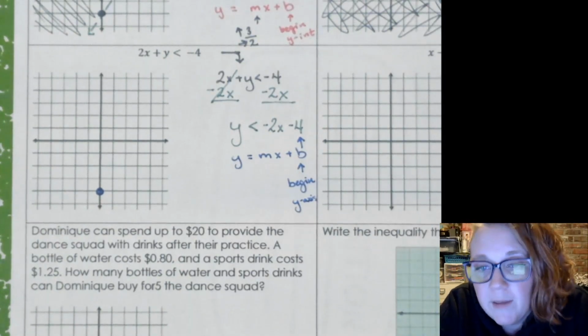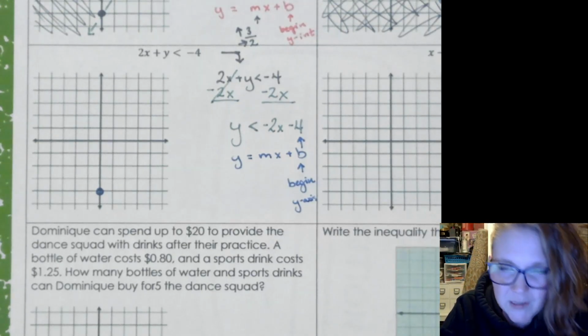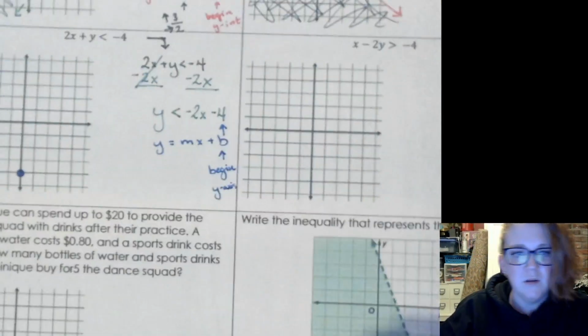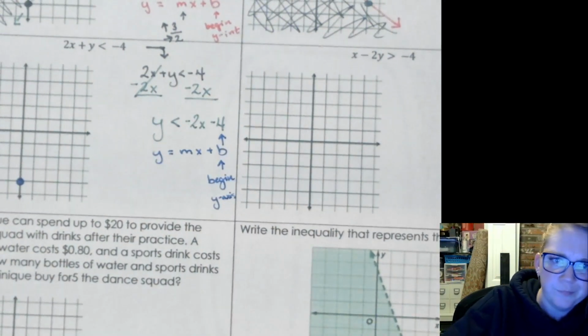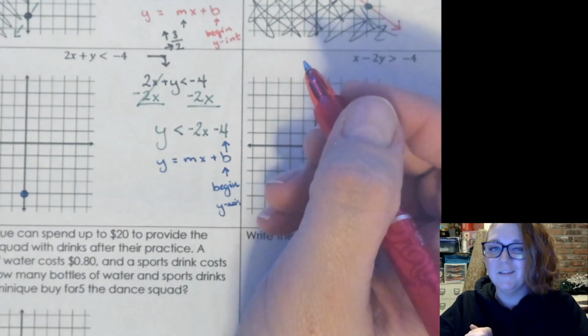All right, now let's try that -2x. That is your m value, or your slope, if you will. Remember, for the last two we had a fraction. So when you look at this one, do we have a fraction this time? No, we don't, but you can make it a fraction.